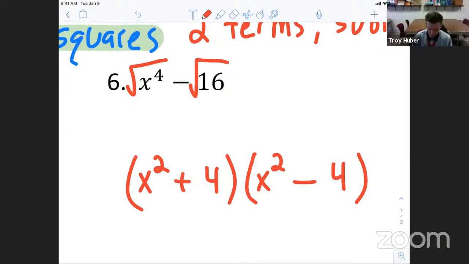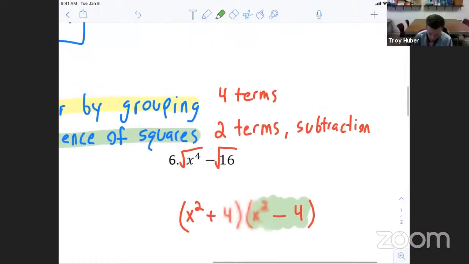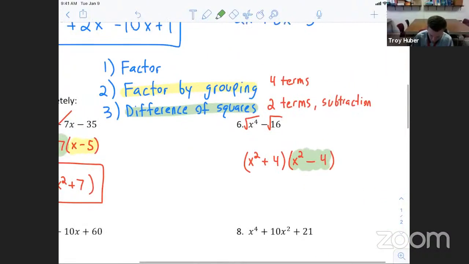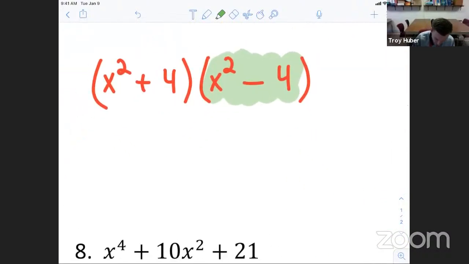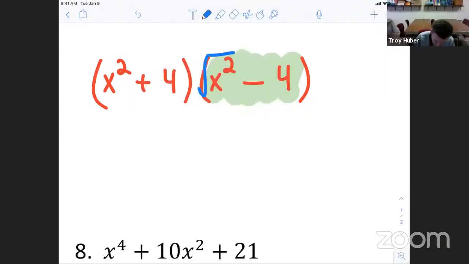Now watch out. This one here, notice we have 2 terms and subtraction. Uh-oh, 2 terms and subtraction. That means we have difference of squares again. So that means that we can take the square root of both of these. So I have x squared plus 4.